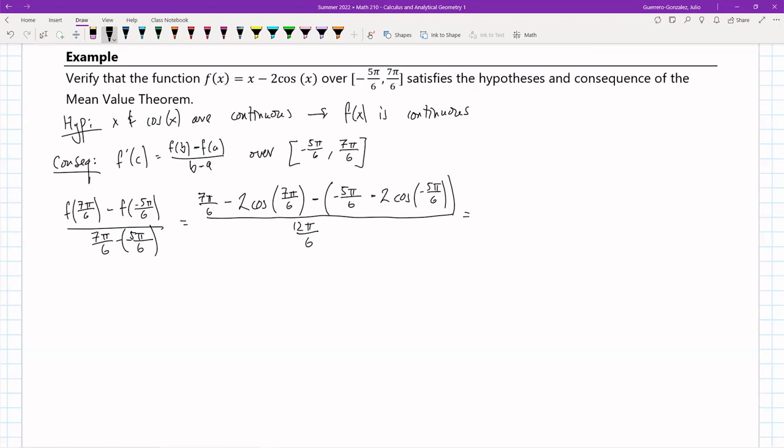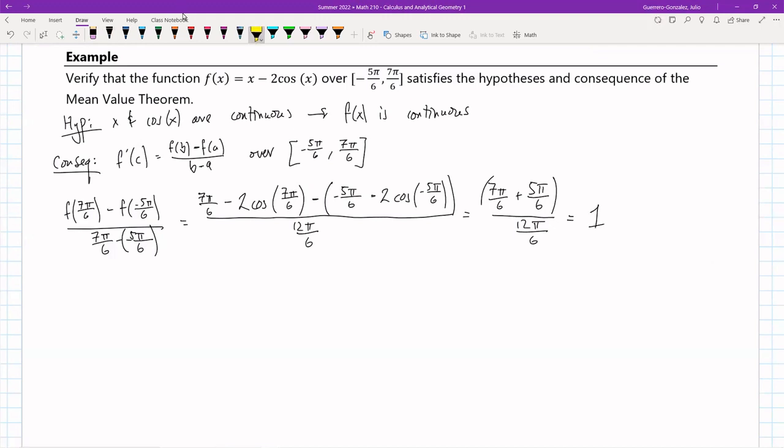If you do all this right, you're going to get 7 pi over 6 plus 5 pi over 6 all over 12 pi over 6. So the top is the top and the bottom is the bottom, and this is all going to be equal to 1.